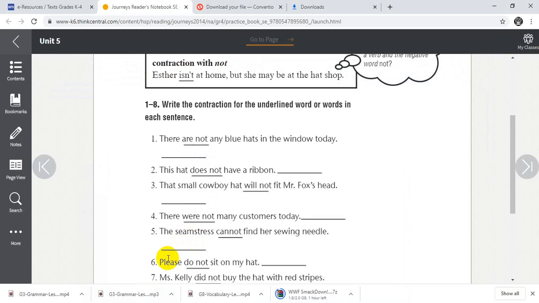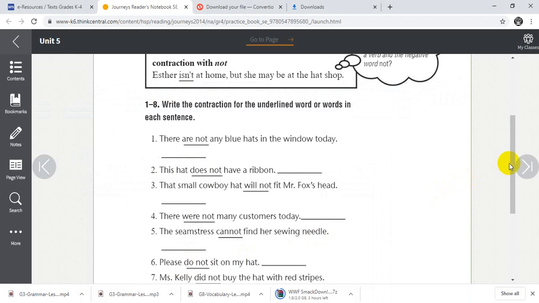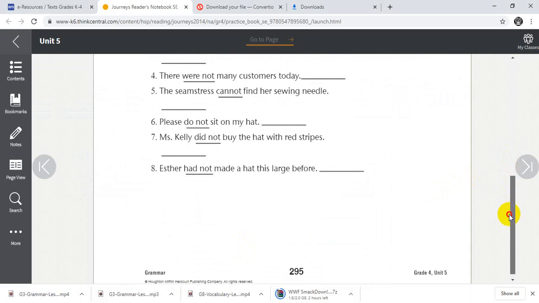Number 6. Please do not sit on my hat. Do not. Do not will become what? Don't, right? Don't. Let's go to number 7. Miss Kelly did not buy the hat with red stripes. Did not.